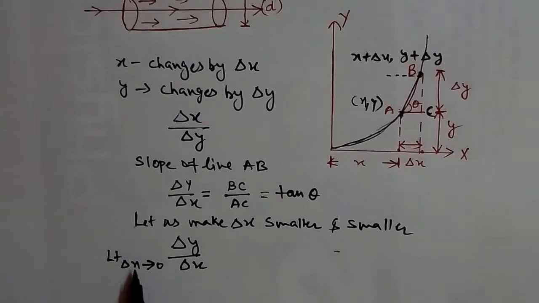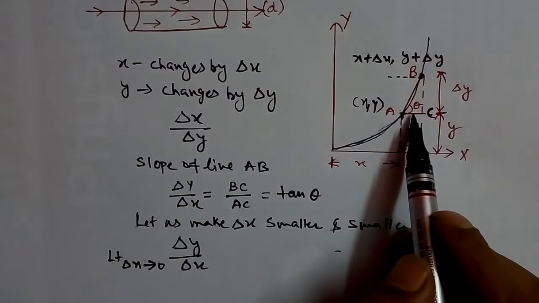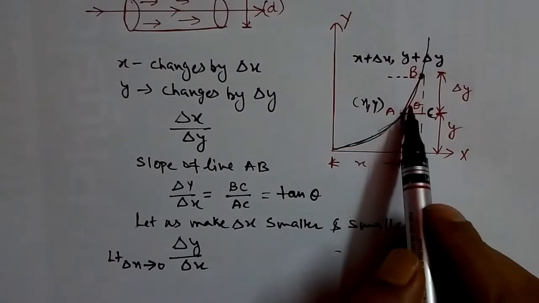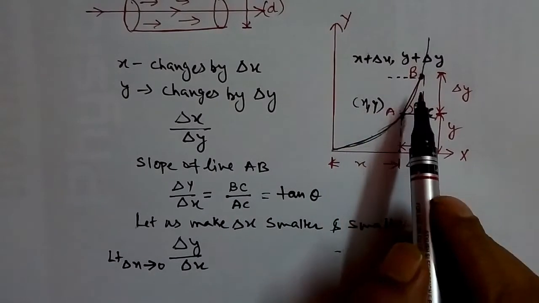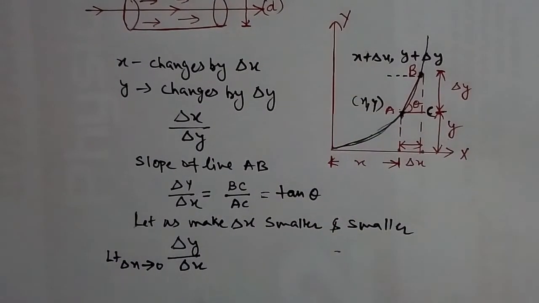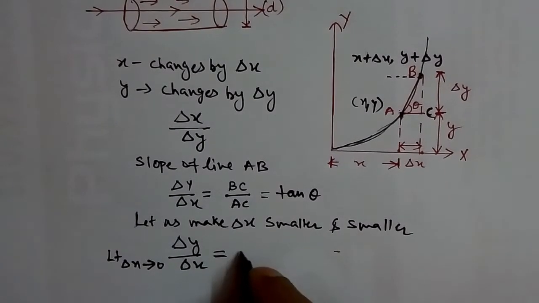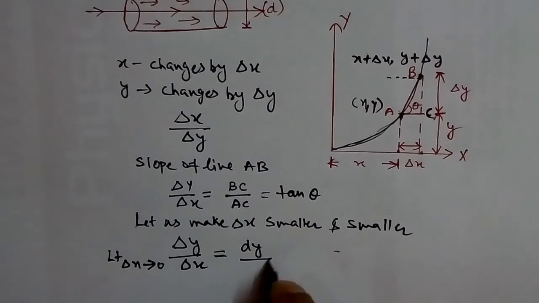So when we say delta x is very close to 0, this means we are able to find any particular point at delta x and its value, and in fact the value of y at that particular point x. So this can be written as dy by dx.